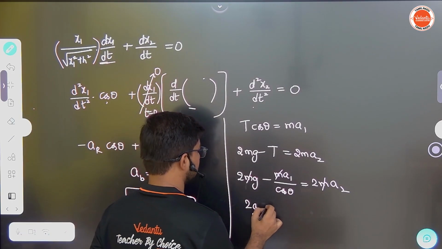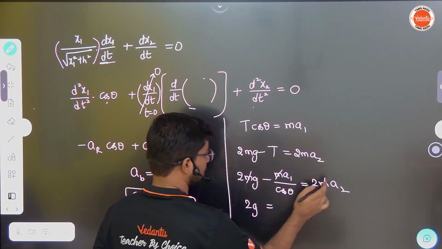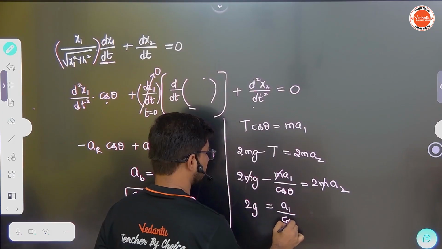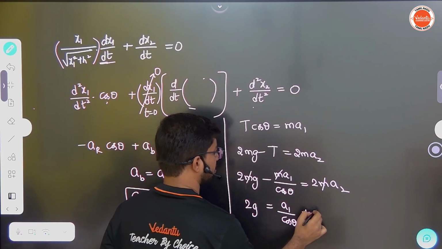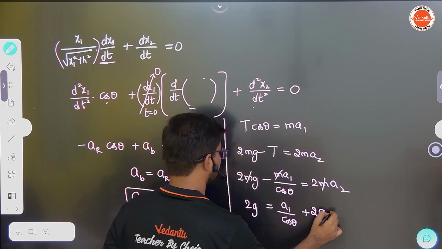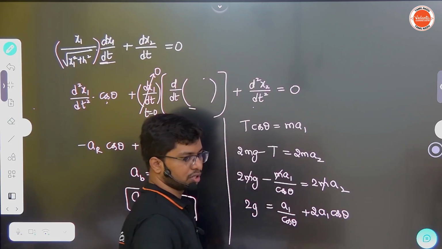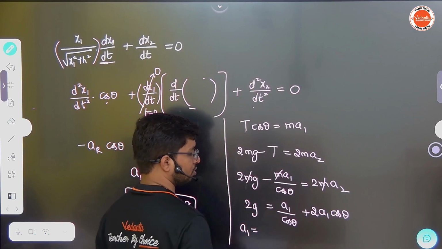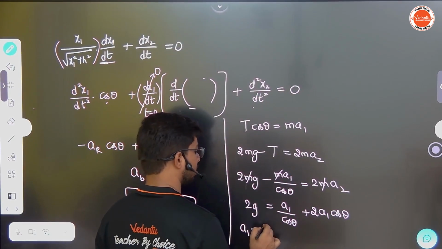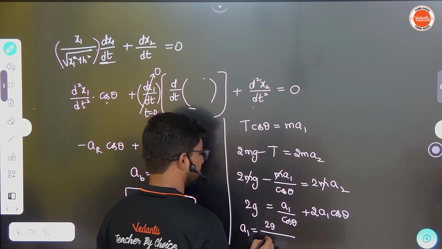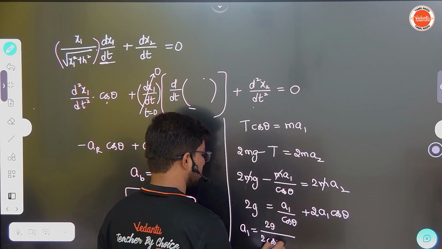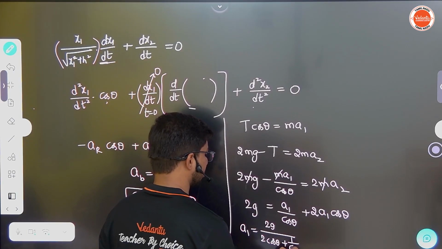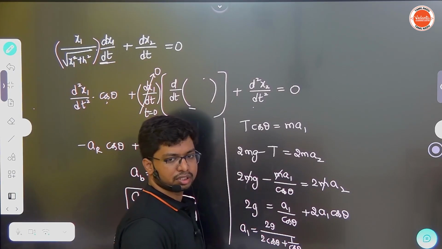So this is your 2g is equal to a1 divided by cos theta plus 2a1 cos theta, right? So what is your a1 from here? Take a1 common, and this is 2g divided by 2 cos theta plus 1 by cos theta.